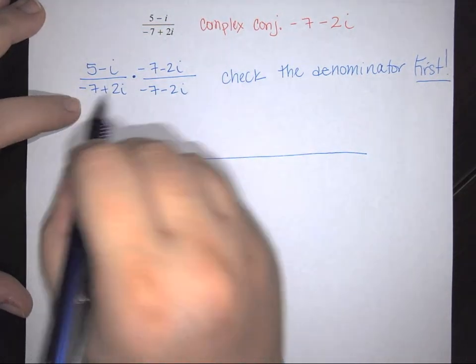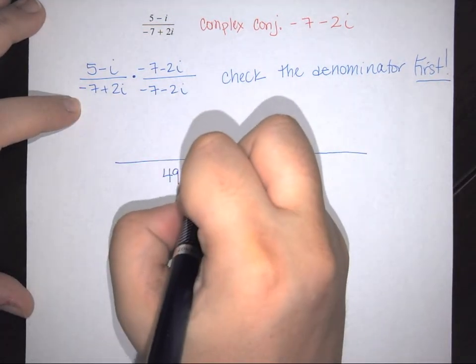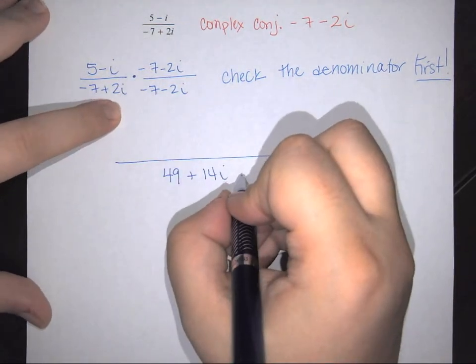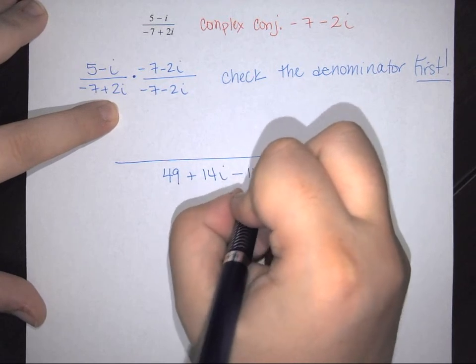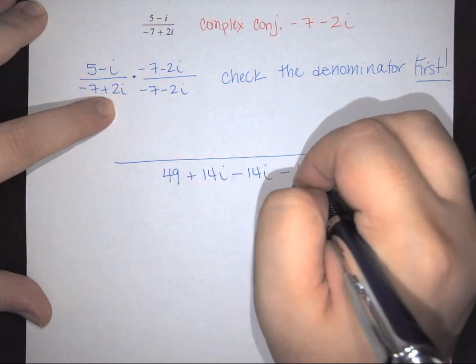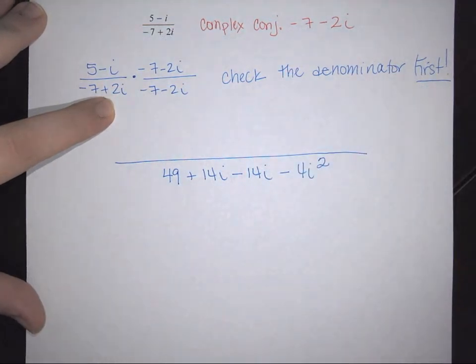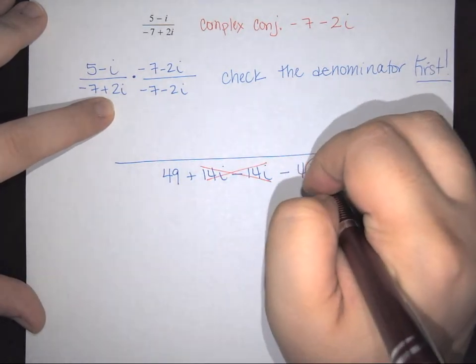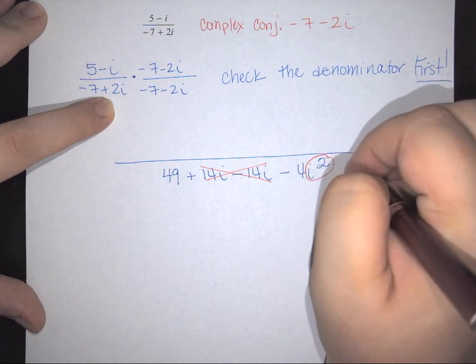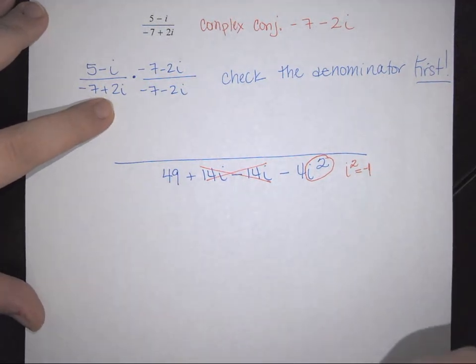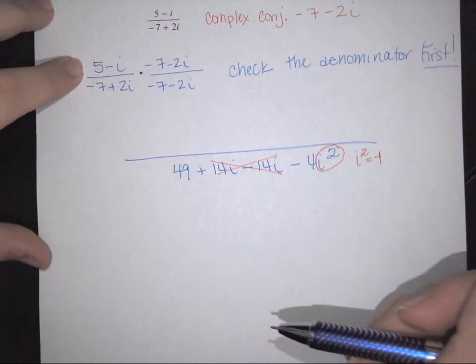Then my outers, negative 7 and negative 2 is a plus 14i. Inner is positive 2i and negative 7, which is negative 14i. And then last is going to give me a negative 4i squared. Well, if I look at those, the middle goes away, and I have i squared, which we know by the rule equals negative 1. Therefore, I have multiplied by the correct complex conjugate, so now you can go ahead and multiply the top.